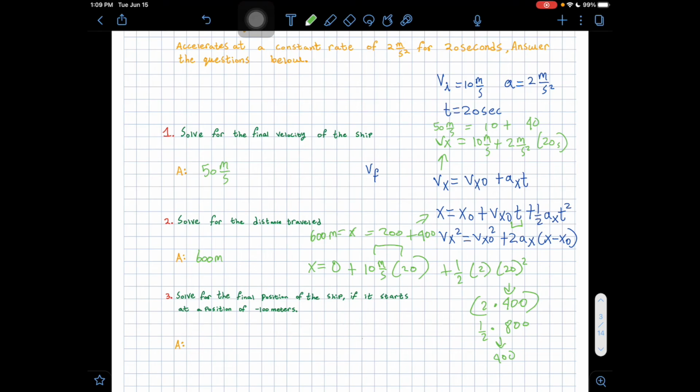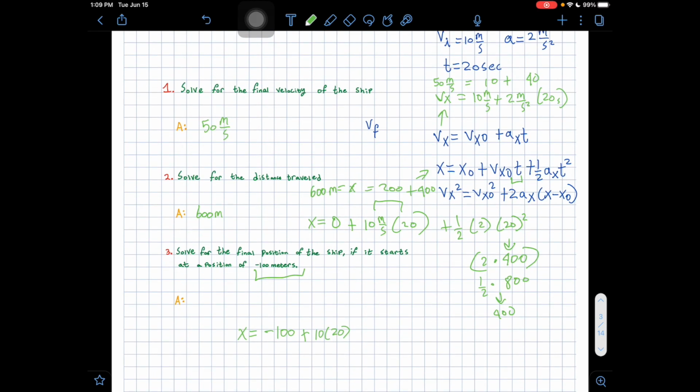So we have x equals xo. Well, it's given that xo is negative 100 because that's the starting position. Negative 100 plus our initial velocity times time. So we have 10 times 20. And now we also have to add 1/2 times our acceleration of 2 meters per second squared times, again, our time, which is 20 seconds squared.